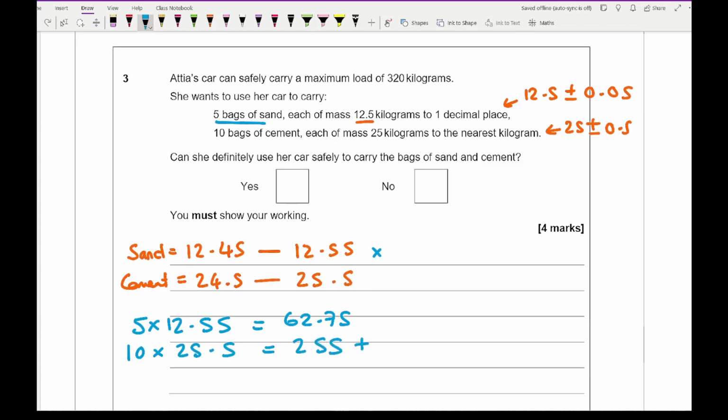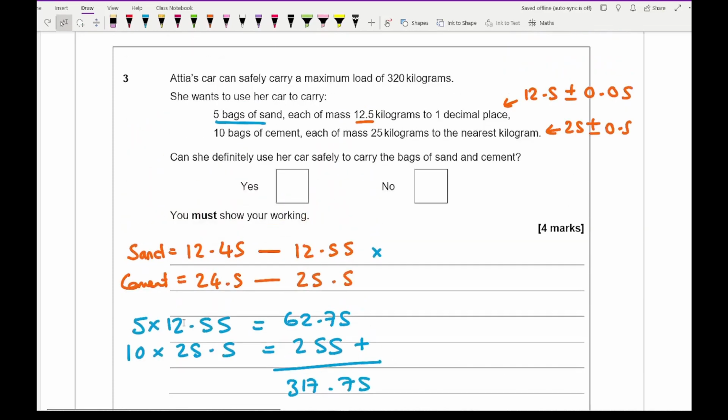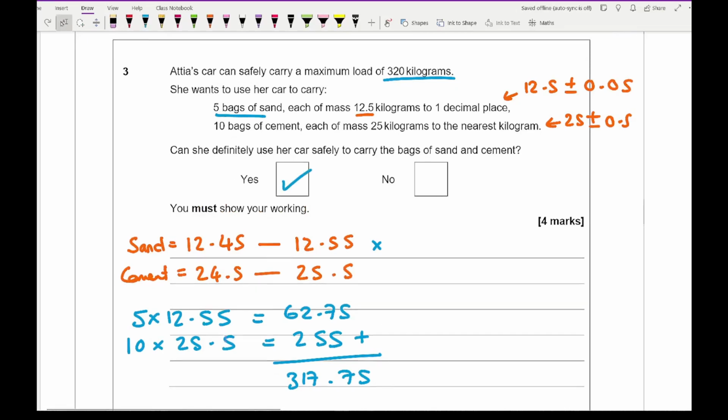And then we just need to add those two numbers up, and if we add those numbers up, we get 317.75, and the car can carry a maximum load of 320 kilograms. So as you can see there, the answer is going to be yes.